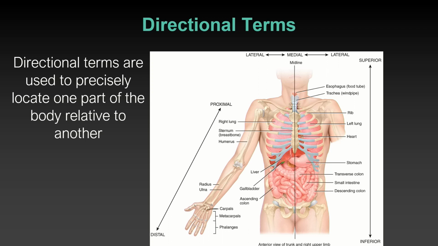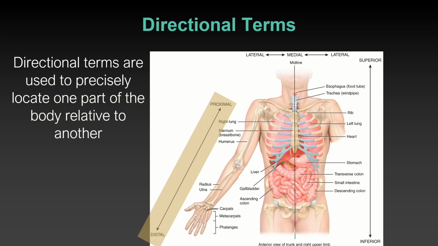These are often given in pairs. One means one direction, the other means the opposite. We'll practice with these a fair bit. Again, it's one of those things that if you review them over and over, it'll become second nature. But to start, you might just have to stare at this diagram for a while. So pairs. One pair that I'm highlighting here, proximal and distal, describes closer to or further away from the core.